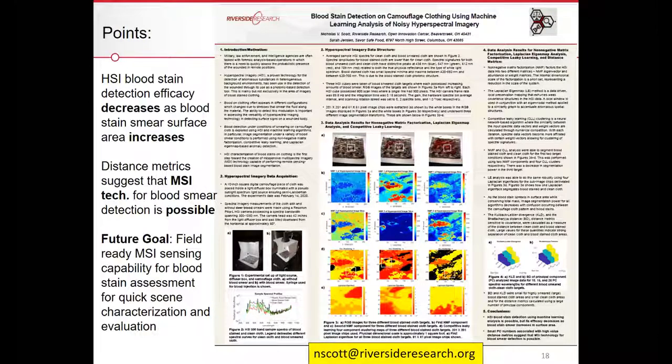The reason is what you just indicated. We wanted a very heterogeneous background that can potentially confuse the algorithm. So, given this highly heterogeneous background, can we still pull out trace amounts of blood on the cloth? That was really what you hit on. It was the reason why we used camouflage clothing.